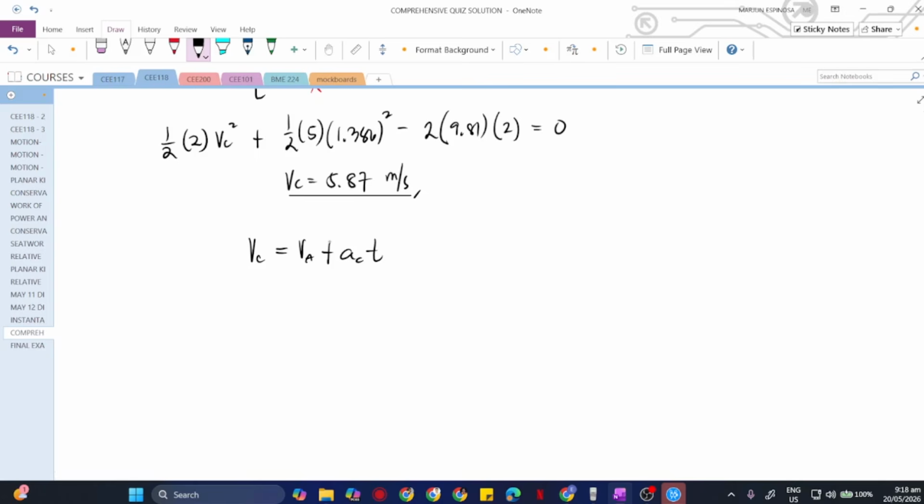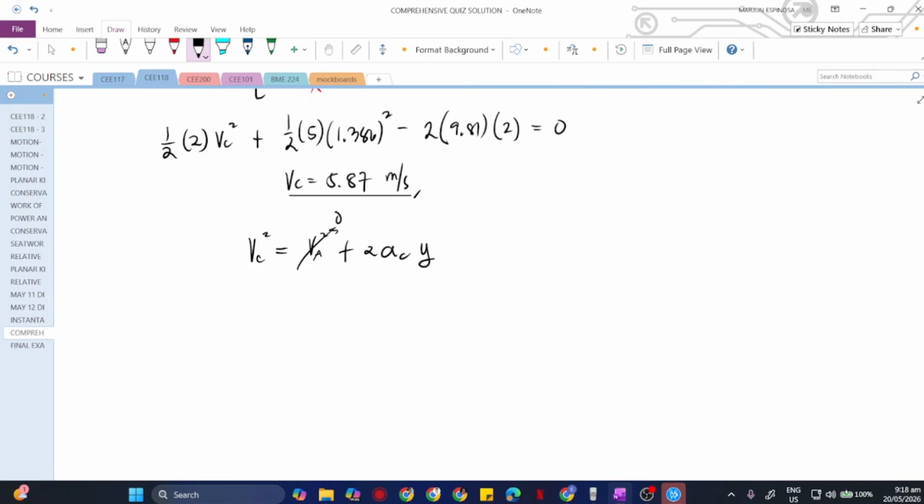Pero since hindi given yung time, yung Y yung given, pwede natin gamitin is velocity C square equals velocity ng A square, initial velocity ng collar natin, plus 2 acceleration at point C, then yung binababa, Y.